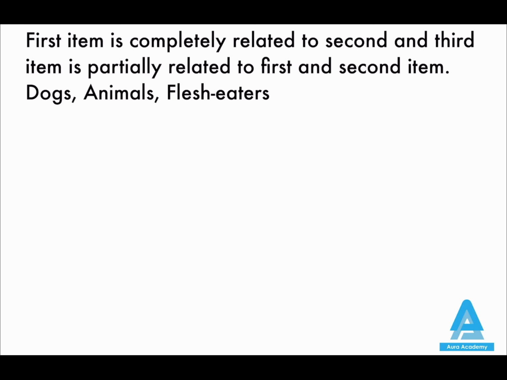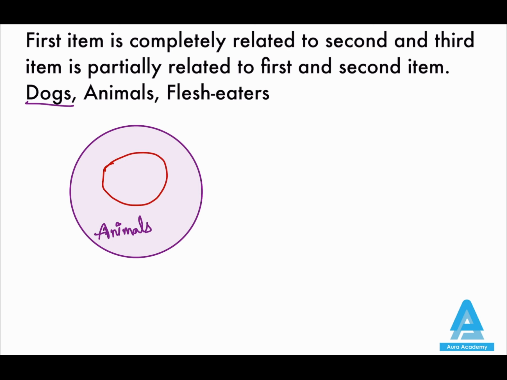Okay, first item is completely related to second, and third item is partially related to the first and second item. Okay, so suppose our animals are represented by this. So you can say that dogs are the animals, correct? All dogs are animals. But can you say that all flesh eaters are dogs or animals?